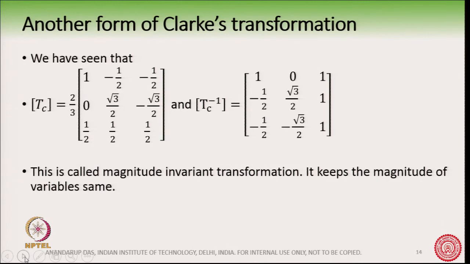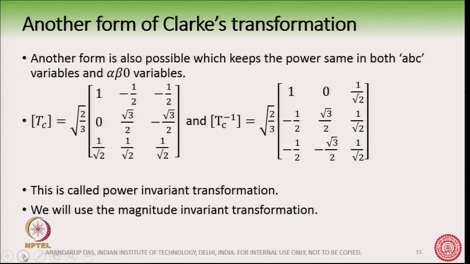Now, there is another form of Clark's transformation. We have seen the form where T c is 2/3 of this value, and T c inverse is this matrix here. This is called the magnitude invariant transformation, as it keeps the magnitudes of variables the same. However, another form of Clark's transformation is also possible, which keeps the power the same in both ABC and alpha beta 0 variables.